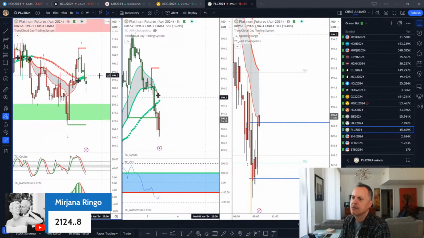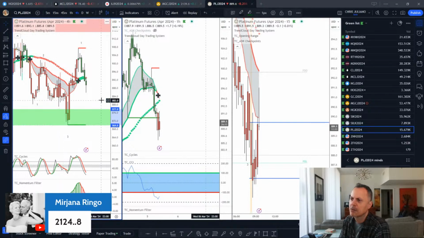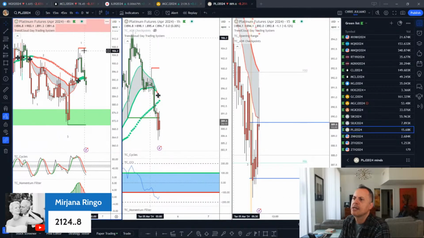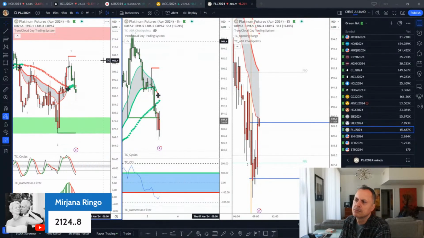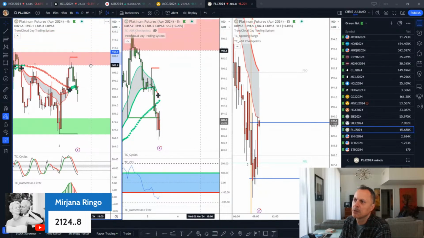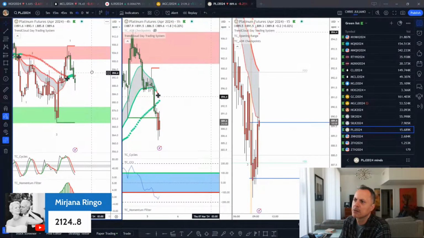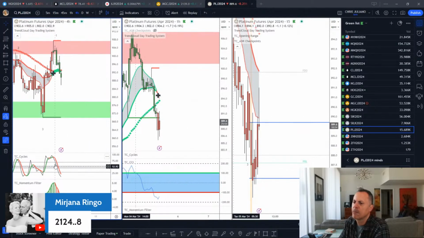Okay, platinum, sideways. Here we go. Market edge, market edge. Now we can bring this down here. There's your market edge on the 4-hour chart. Cycling down, momentum is down.